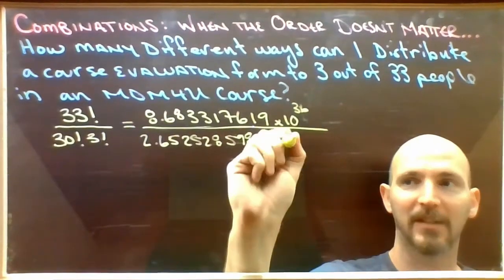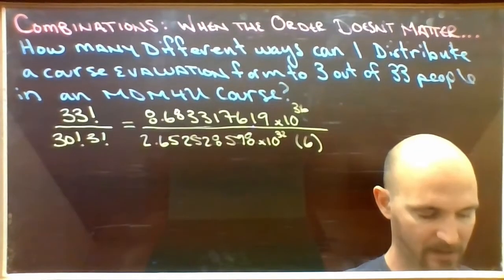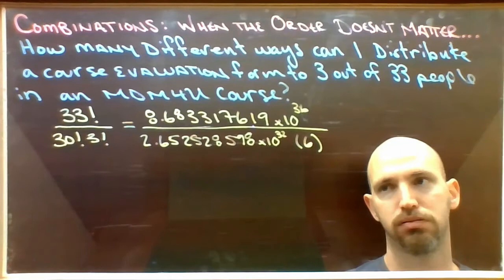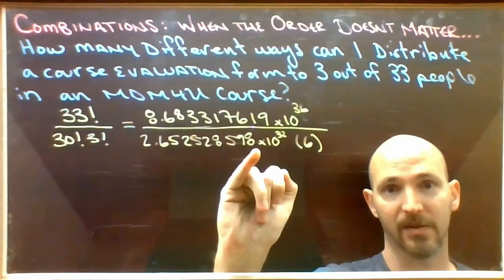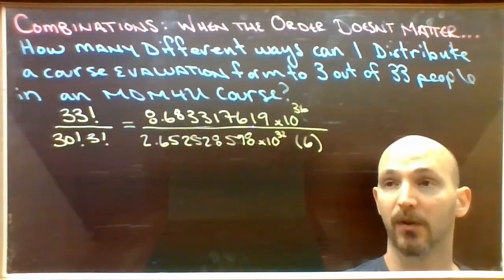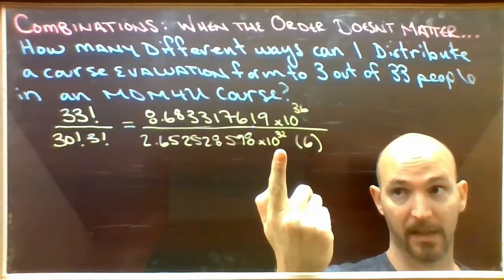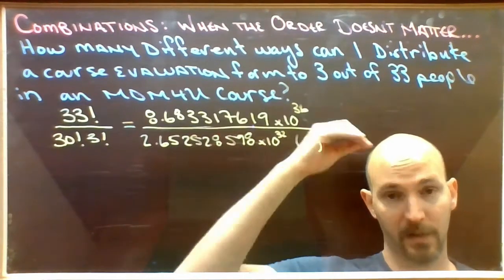And this little guy down here, 3 times 2 times 1 is 6. Now, my calculator only displayed 9 digits or so. So this number actually continues off screen for quite a ways, right? 32 decimal places, quite a ways. And this one goes on for quite a ways.